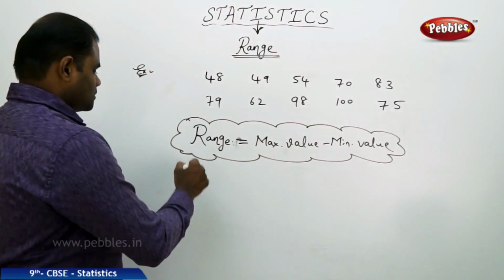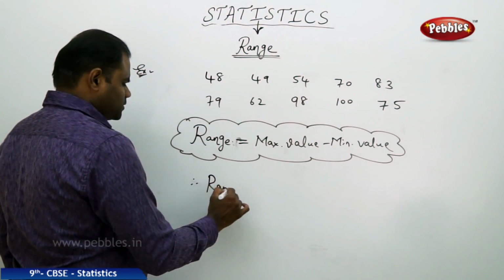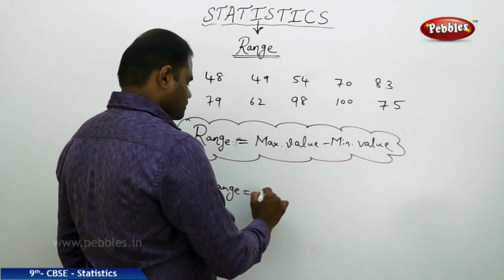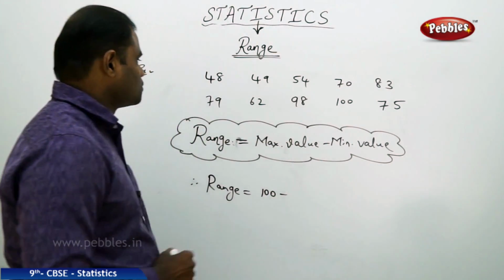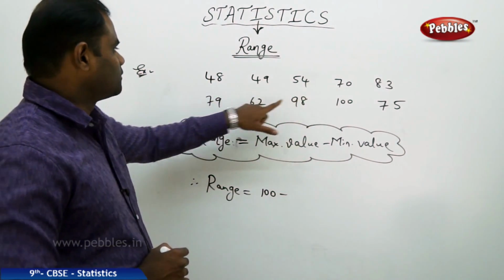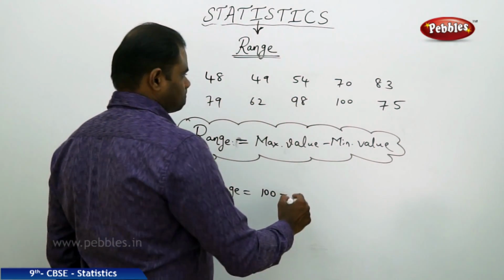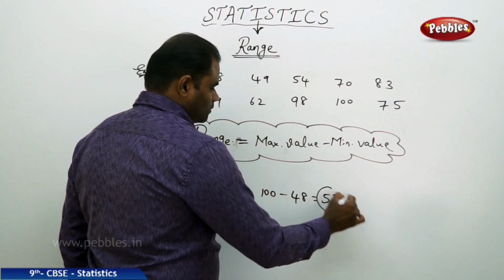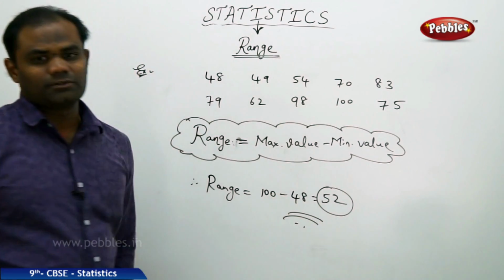In this case, therefore, the range would be the highest value, which is 100, and the lowest value, which is identified to be 48. Therefore, my range is 52.